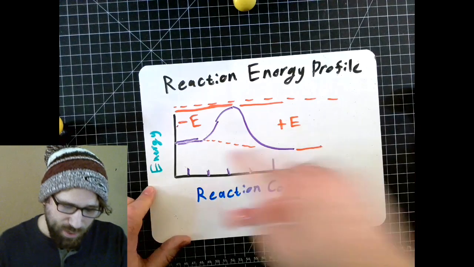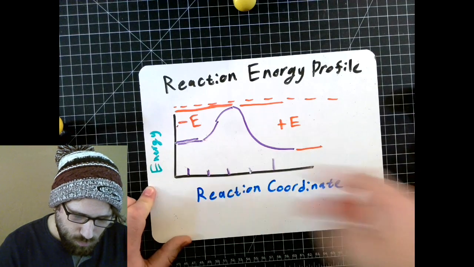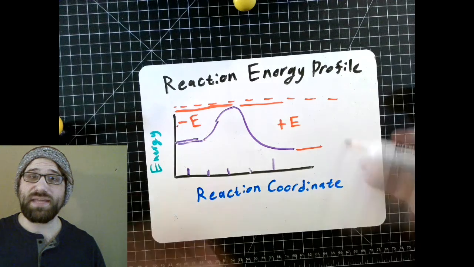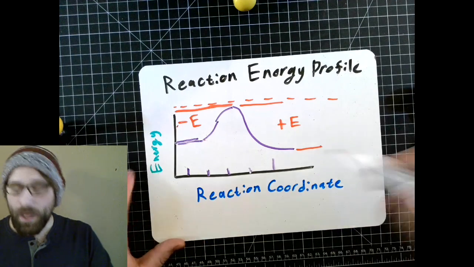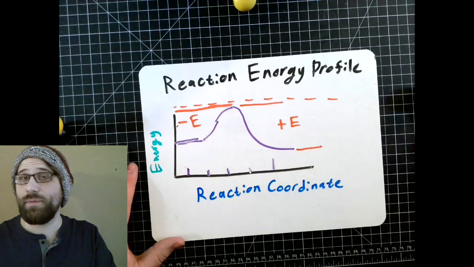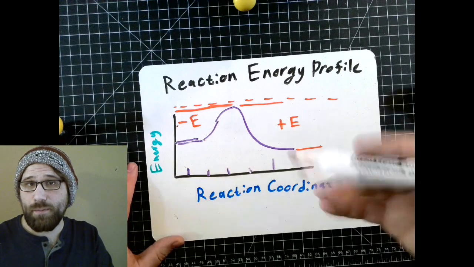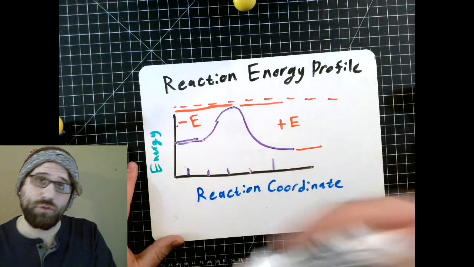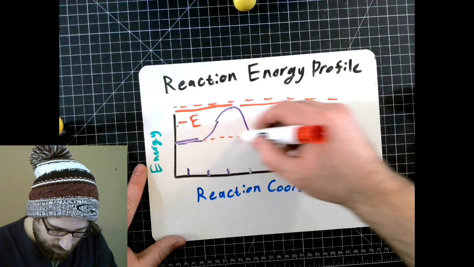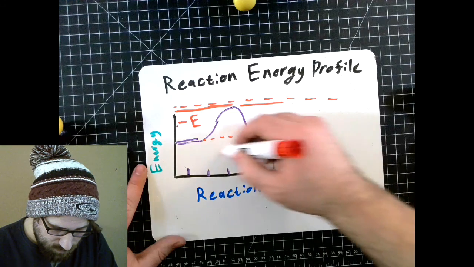And so by looking at an energy profile, we're able to see a lot of information about the energy taking place in a reaction. Not only are we able to track how much energy we need to put into this thing, so maybe what temperature do we need to raise this reactant to in order to get a reaction to proceed, but we also are able to track how much energy we get out of this.